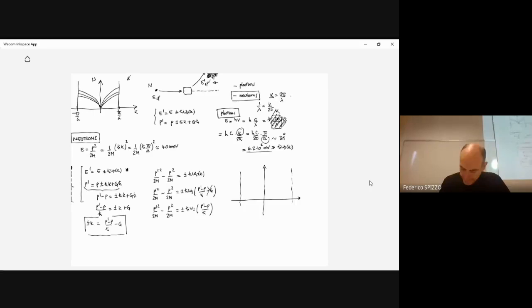The idea is, if you have the initial neutron, so you know both E and P, then you have the interaction with the solid, and the neutron after the interaction.